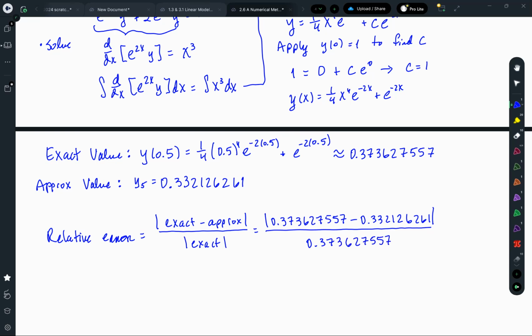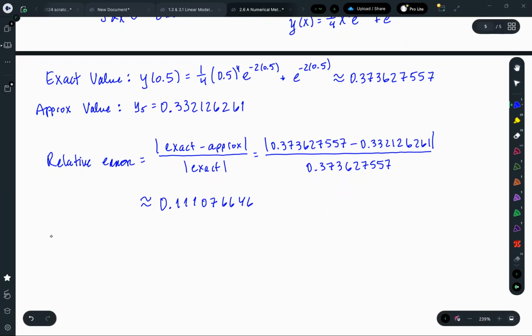And when I do that math out, I get an approximate number, of course, which is 0.111076646. Okay, that gives me relative error, but the percentage relative error gives me a little bit more information. It's not much different.